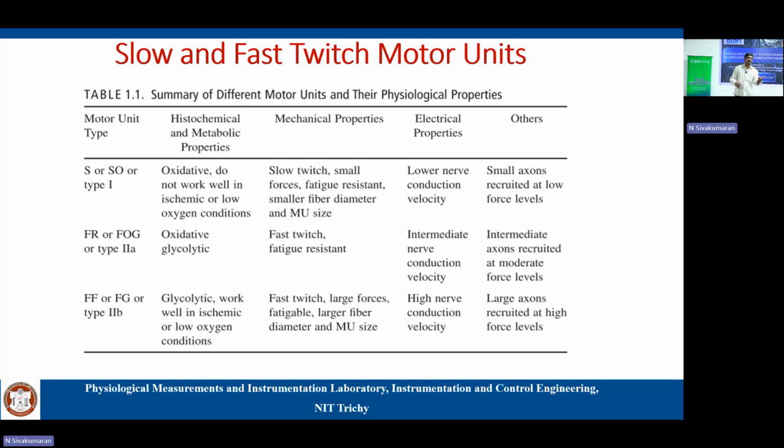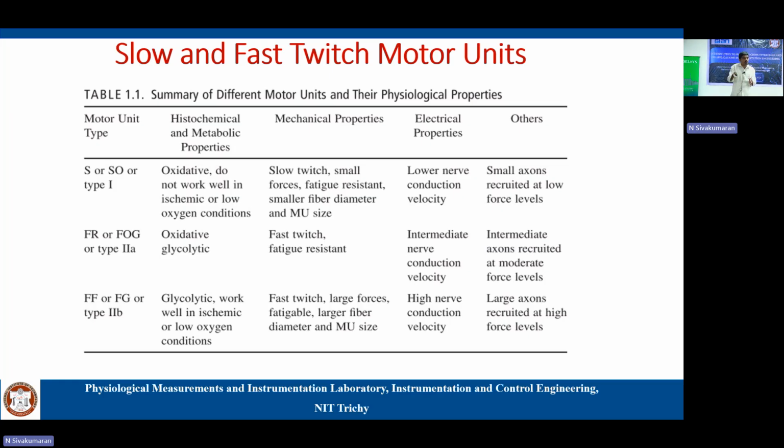In sprinters, most of the time the fast twitch muscles will be activated. Then only they can have high force in a short time and complete that task. Again, in athletes' training, this kind of EMG can also be used to measure performance.